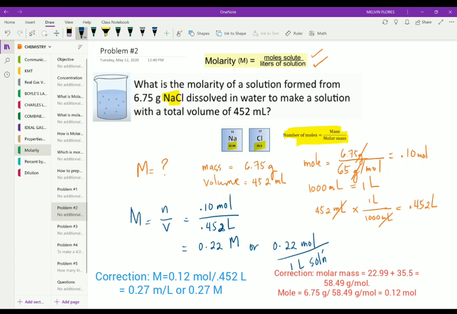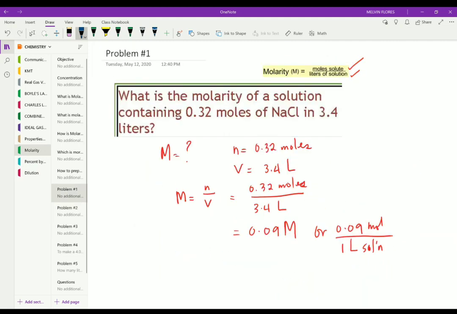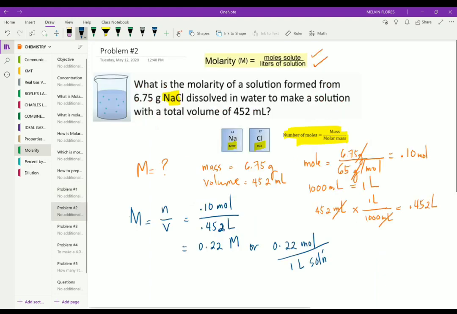You only do this type of calculation if the given is mass. As you can see in our first problem, we already have the mole, which is 0.32, and we have the volume in liter. But in our second problem, the given is not mole, it's in gram. So you got to know how to convert the gram into mole by dividing the mass of NaCl by its molar mass, which I already told you how to calculate in our previous lesson in stoichiometry.